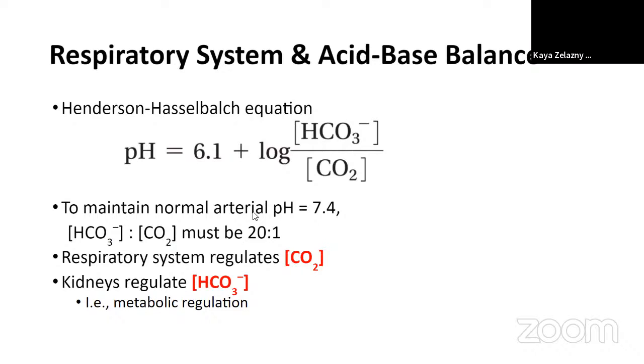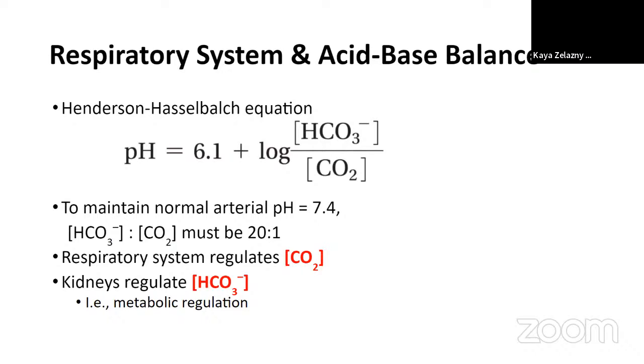Our respiratory system is responsible for regulating the CO2 part. If we breathe faster, we can think of that as breathing off more CO2. If we increase our respiration rate, that's going to lower our carbon dioxide concentration of the blood. So that's the respiratory system's main way of changing the pH of our blood.